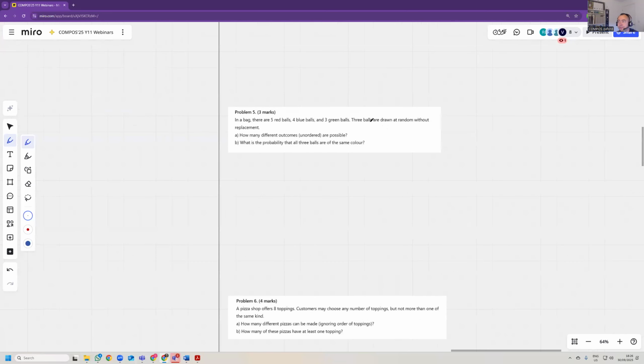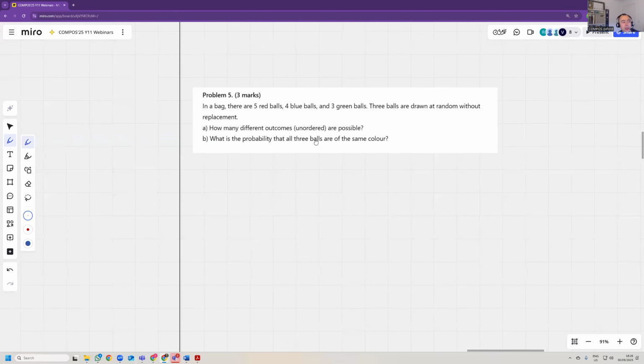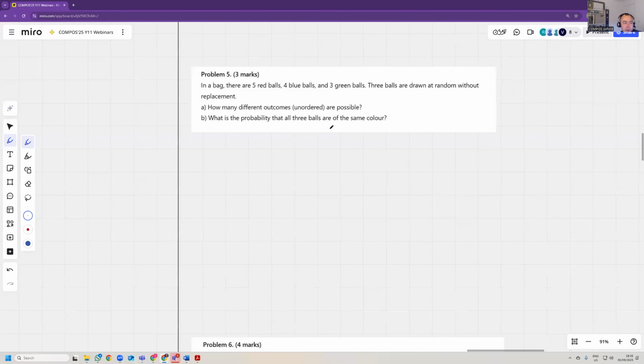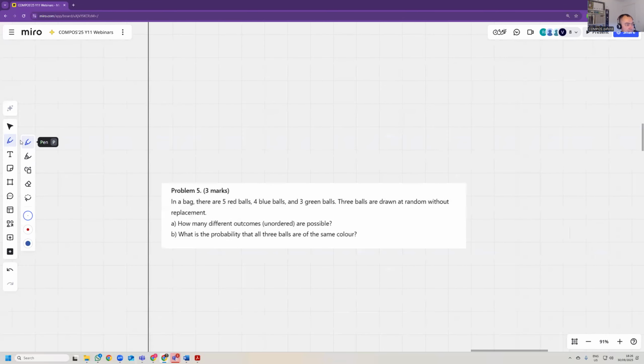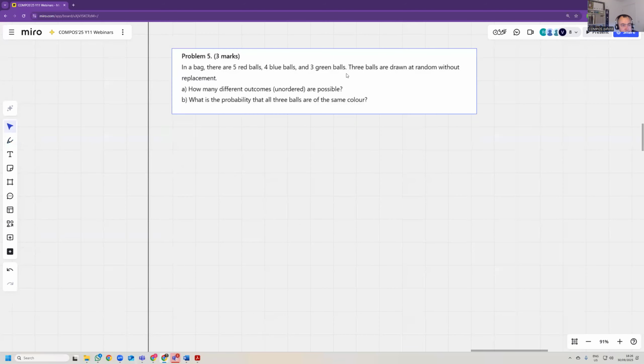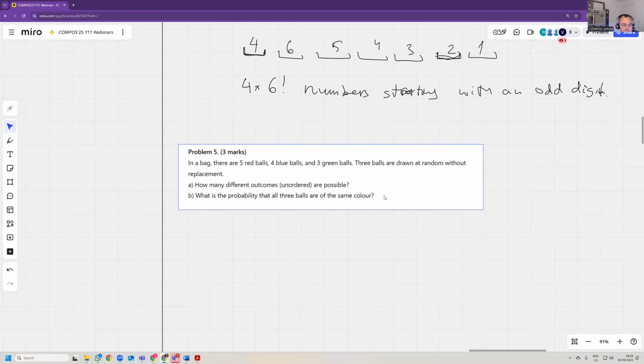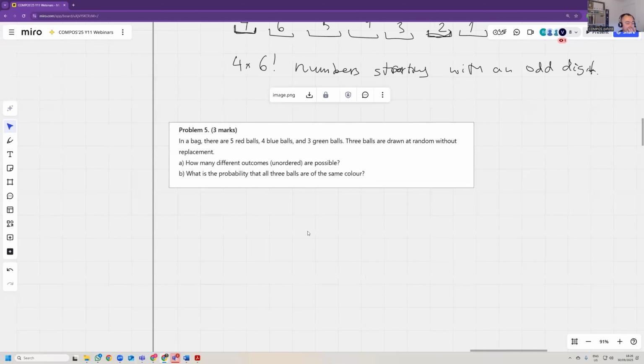Problem 5. In a bag, there are 5 red balls, 4 blue balls, and 3 green balls. 3 balls are drawn at random without replacement. How many different outcomes are possible?